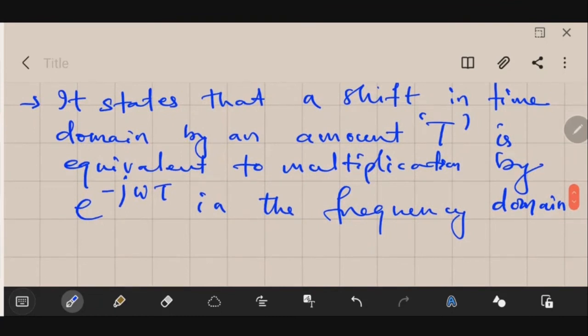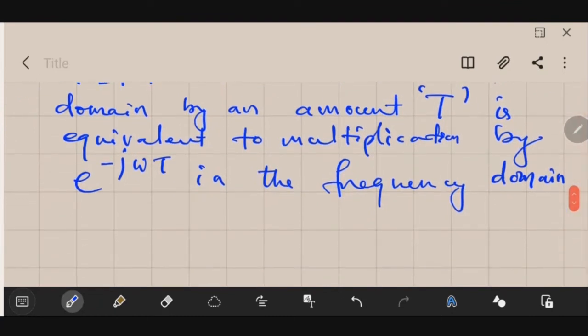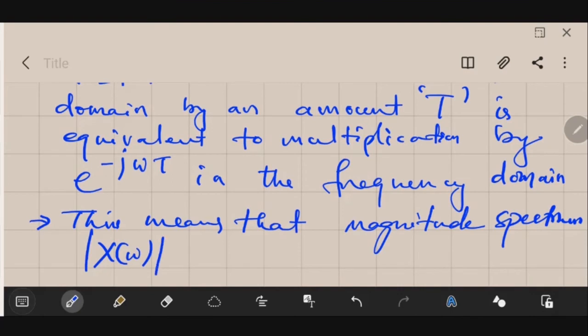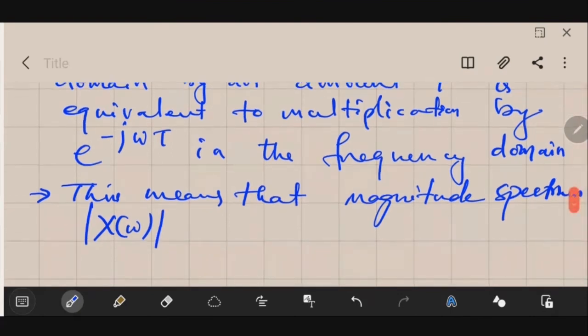So in this way, what we could say is, if we are shifting the signal, the signal magnitude remains the same, but the phase actually changes, the phase spectrum changes. If you remember the magnitude spectrum we were plotting, the magnitude spectrum, which is mod of capital X of omega, remains unchanged.